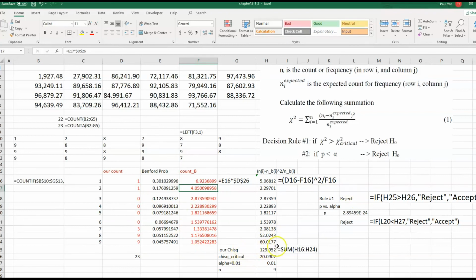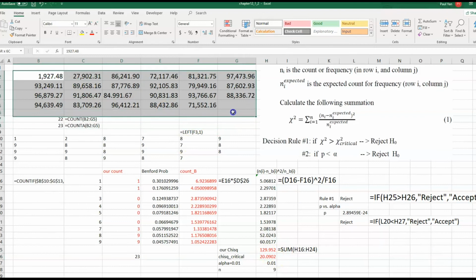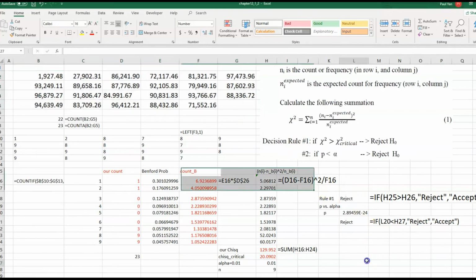The summation will be our chi-square value, our final result. Then we compare with the critical value. If our chi-square is higher than the critical value, which in this case is true, then we reject. So our conclusion is that the first digit of these 23 receipts does not follow Benford's law.